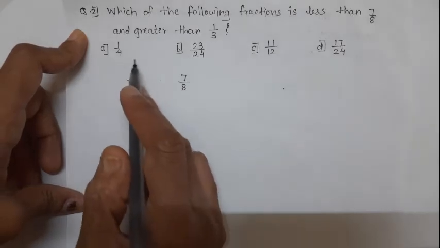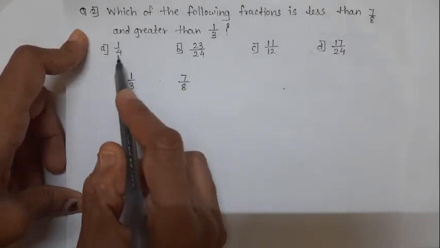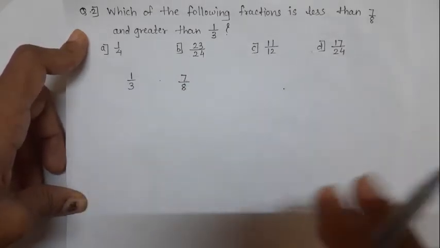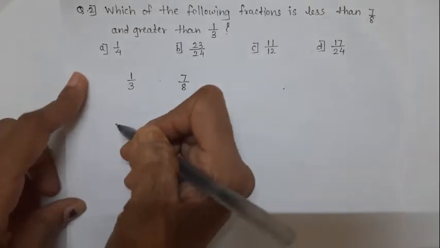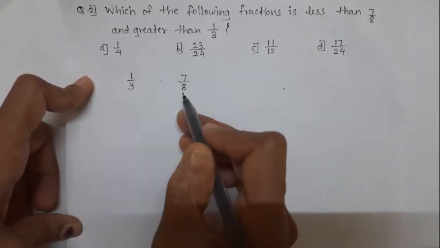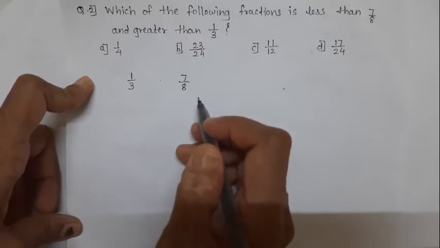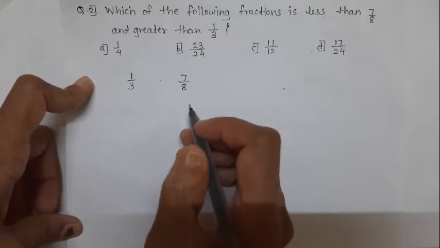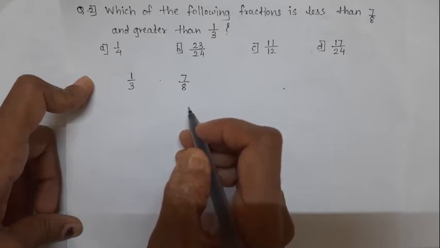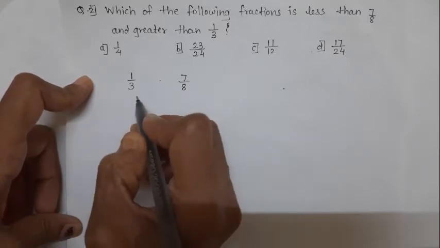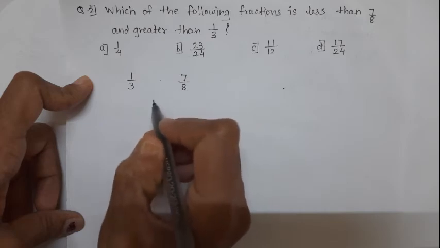So which is that number? We have to find from these which is that number. For that, first we should look at the denominators. Yes, we should make the denominators the same. So how to make the denominators the same? By finding the LCM. What is the LCM of 3 and 8?